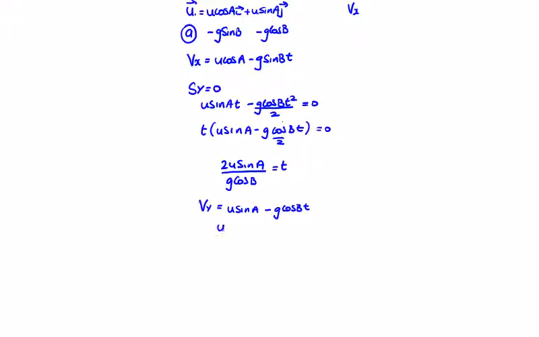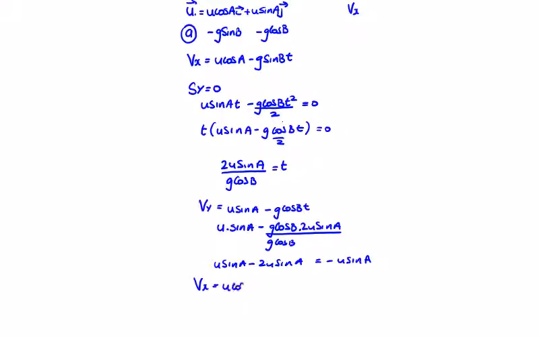It's going to be u times the sine of A minus g by the cos of B times t, which is 2u sine A over g cos B. So we're going to get u sine A minus 2u sine A, which is just equal to minus u sine A.